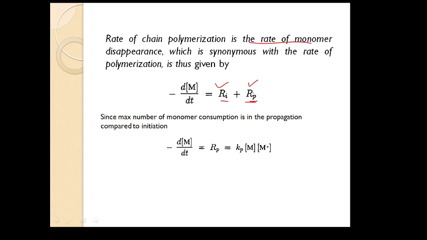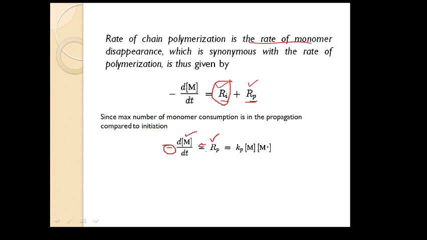So we can say that the rate of disappearance of monomer is nearly equal to the rate of propagation. Minus d[M]/dt means the consumption. So the rate of consumption of monomer is nearly equal to the rate of polymerization, that is, the rate of propagation. We have ignored the rate of initiation because a minimum number of monomers are involved in it.